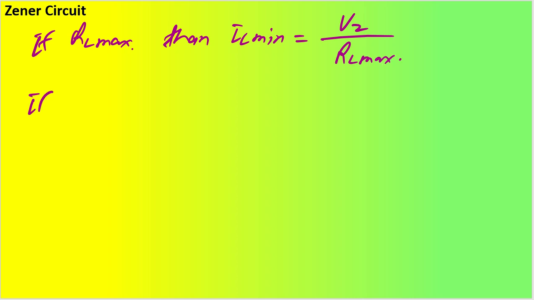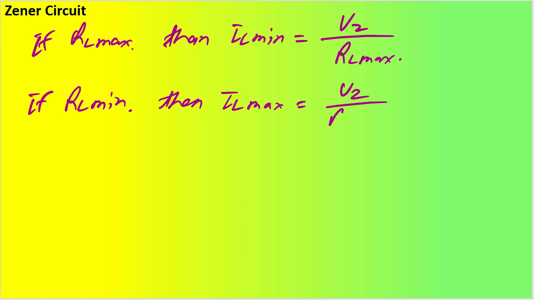Similar to that, if RL minimum is there, then my IL maximum, like the maximum current through the load resistance, will be how much? That will be Vz divided by RL minimum. It means I am assuming that the Zener diode is always on, such that the resistance value RL is such that the voltage across RL is greater than or equal to Vz.